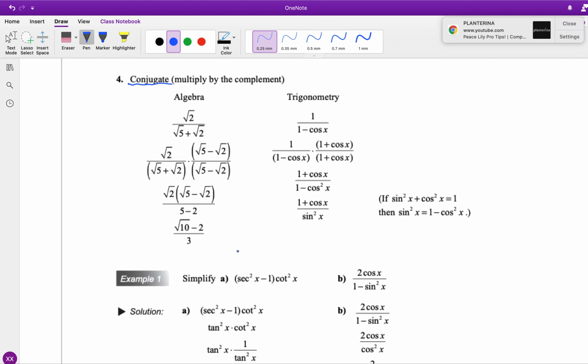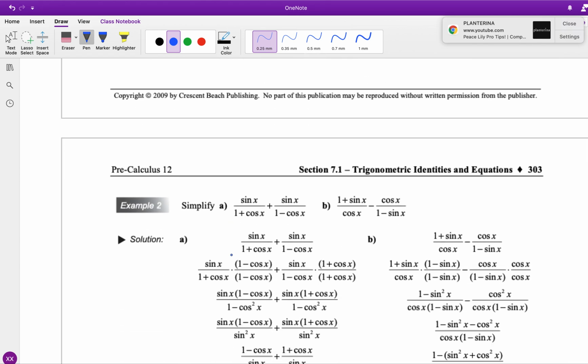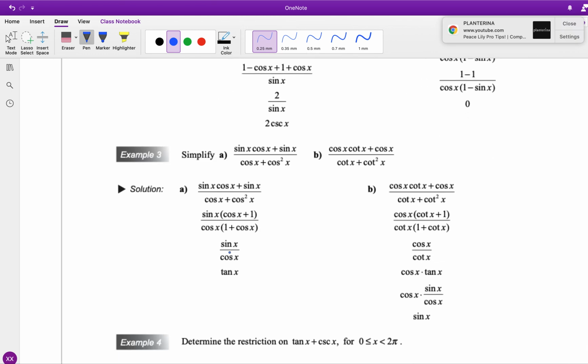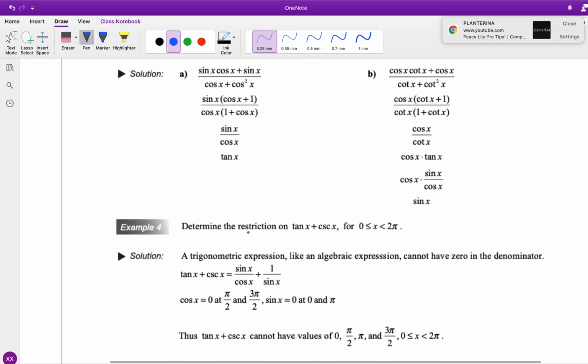I think example 1, example 2, all these examples, I'm not going to show, because you can simply follow to read through them to understand how it's being done. I just want to mention example 4. Example 4 is to determine the restrictions. Tangent is sine over cosine. Cosecant is 1 over sine.